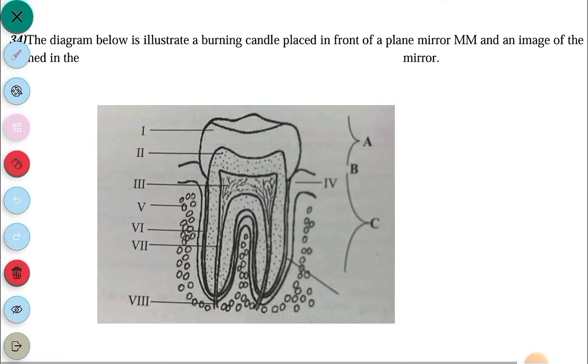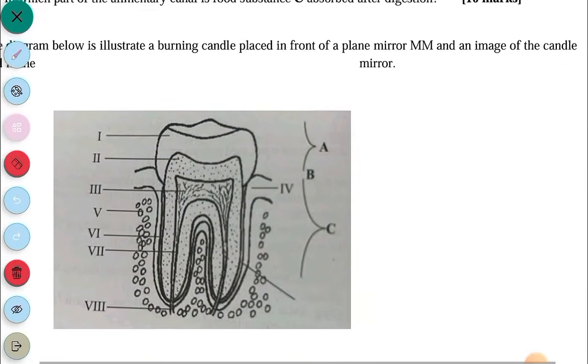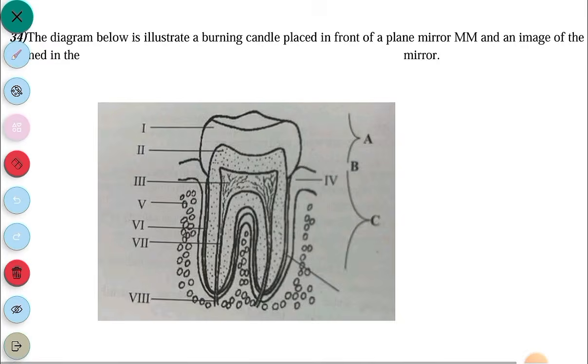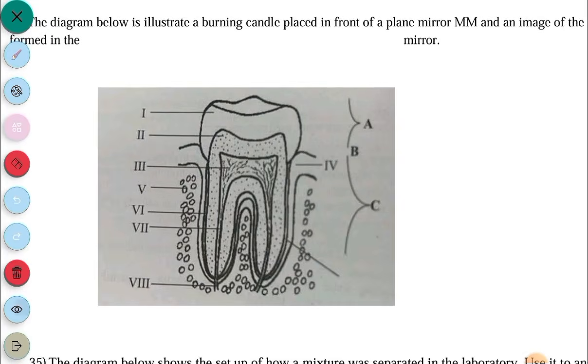So the diagram below illustrates, okay, you see that the preamble for the question or the diagram is not actually correct, but we can just try to do something. We can label the part at least. So I, which is this side, is the enamel. Then II, which is this side, is the dentine.